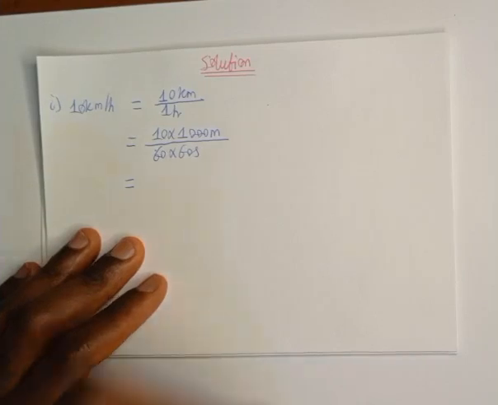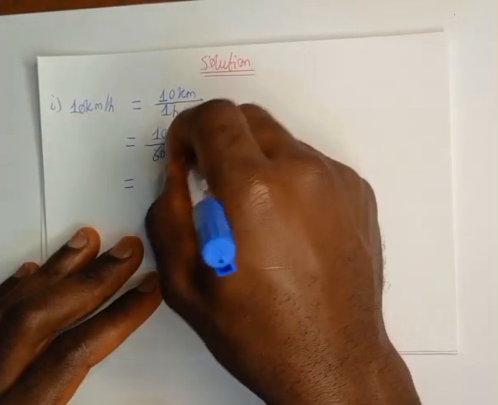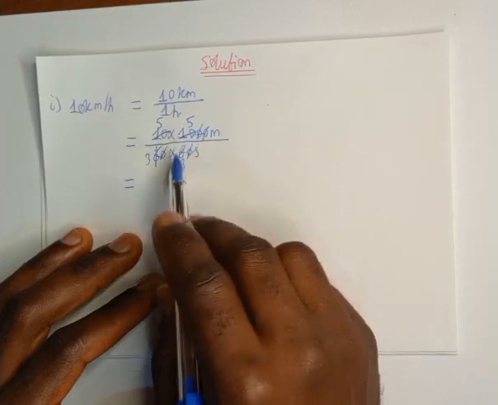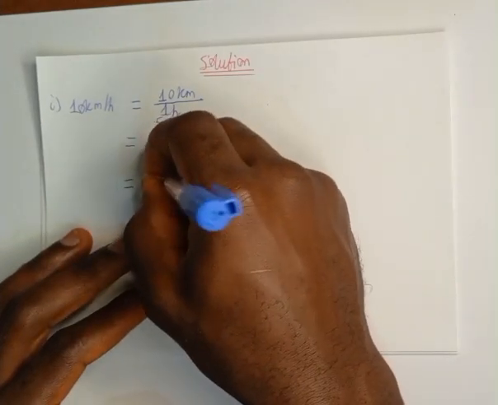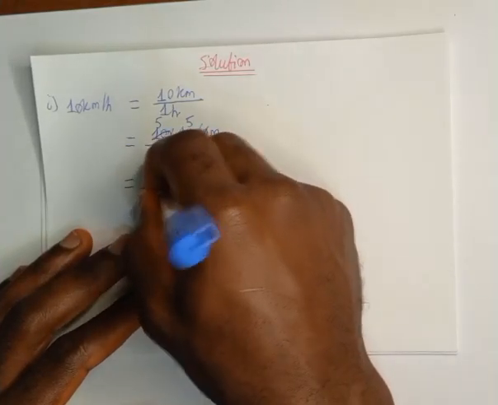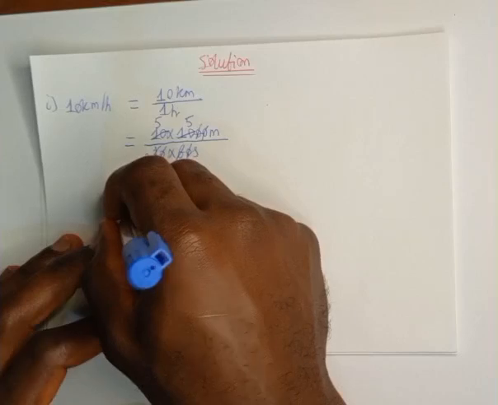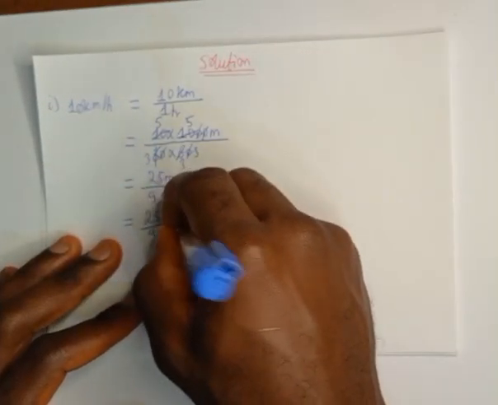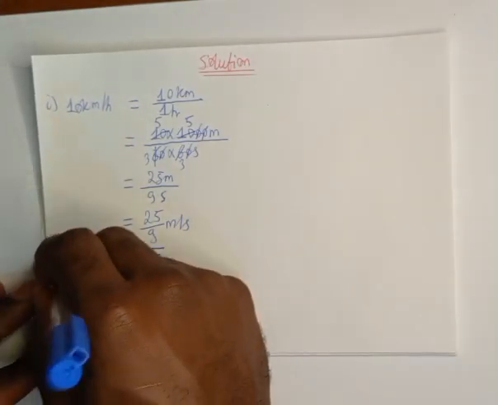This will simply be equal to, these 2 zeros will strike off, these 2 zeros. 2 will go into 10 5 times, 2 will go into 6 3 times, 2 will go into this 10 5 times, 2 will go into 6 3 times. We'll be left with 5 times 5 at the numerator, which is 25 meters, all over 3 times 3 at the denominator, which is 9 seconds. This will simply be equal to 25 all over 9 meters per second.